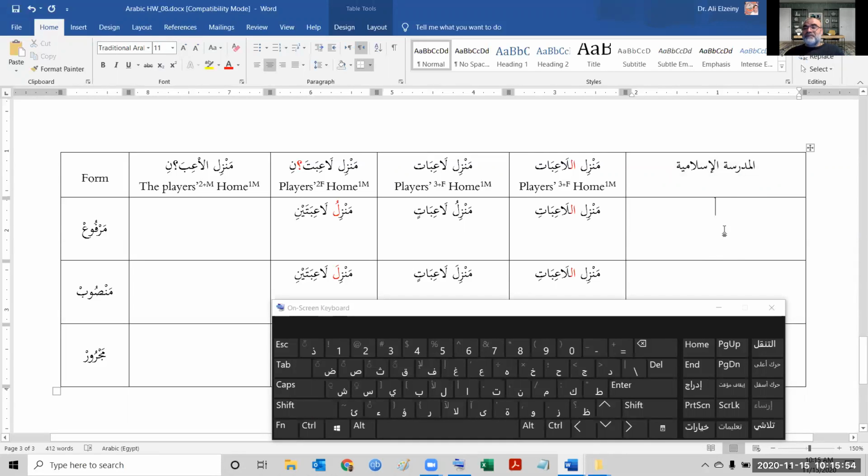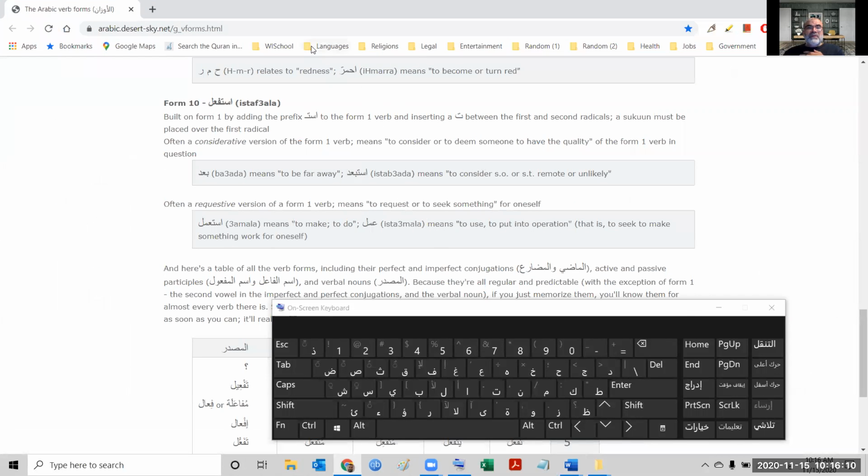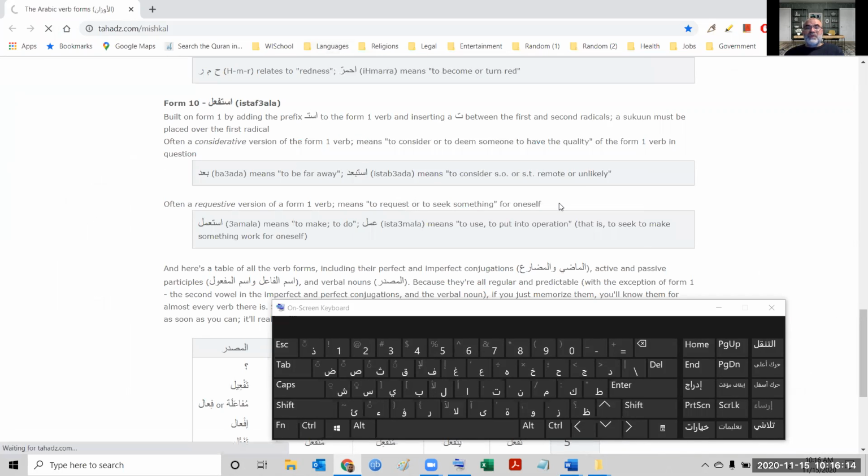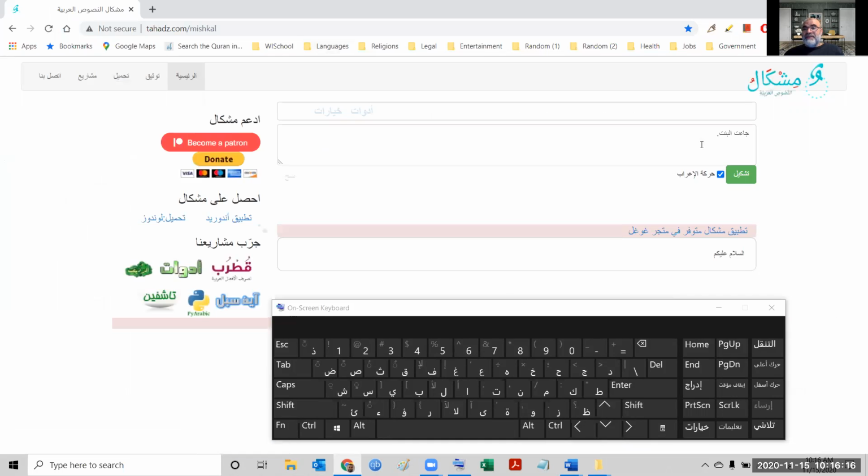How do I figure out the tashkil? I can just copy those together like that and start the mishkal. Then copy this and say tashkil. So it's going to do tashkil for you.